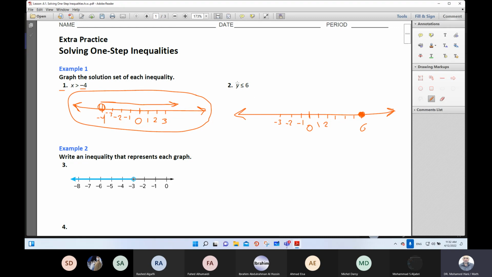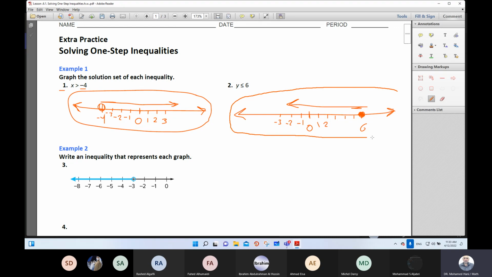Then the direction: y less than 6 means below 6. 5, 4, 3, 2, 1, 0, minus 1, minus 2, minus 3, etc. That means the direction is to the negative side. This is the answer here.